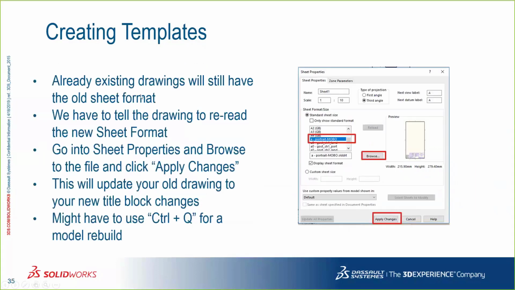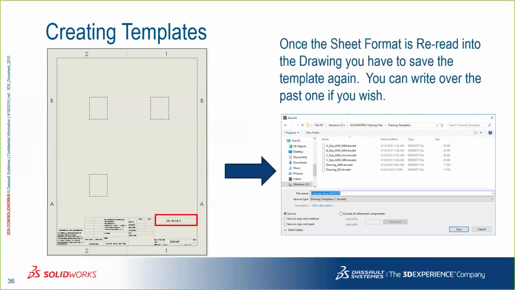Once we have it done here, we're going to select the new sheet format here. We either browse it or go through our list here, and we're going to apply those changes. You might have to use a Control Q for a rebuild. So then our sheet is going to change here, right? Since Craig is going to say 3D motherboard.